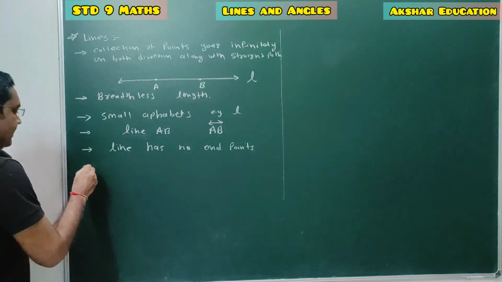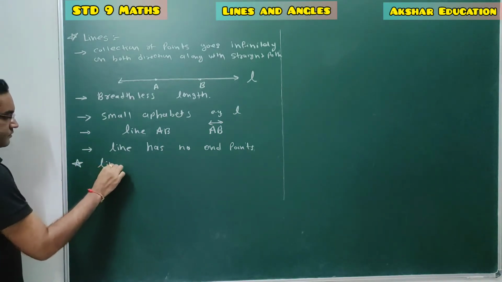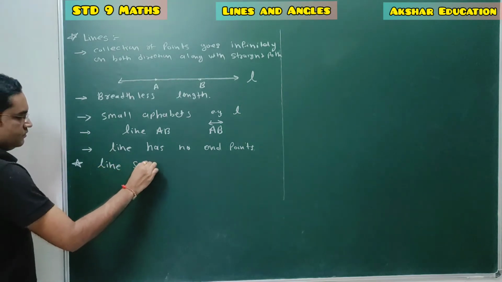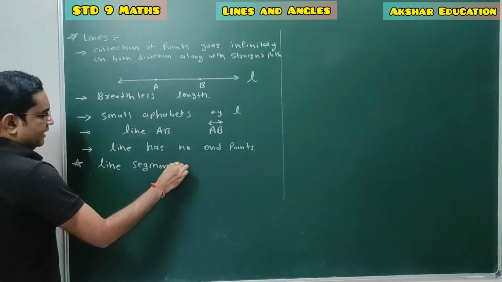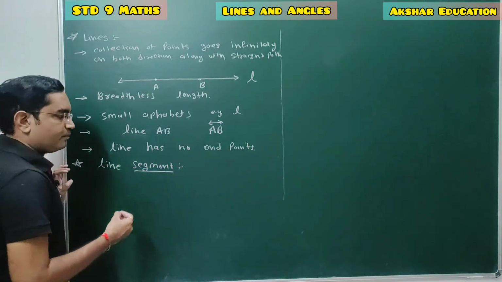Now after line, the next definition is line segment. Line segment, which is the segment of a line. What is the meaning of segment? It's a part.